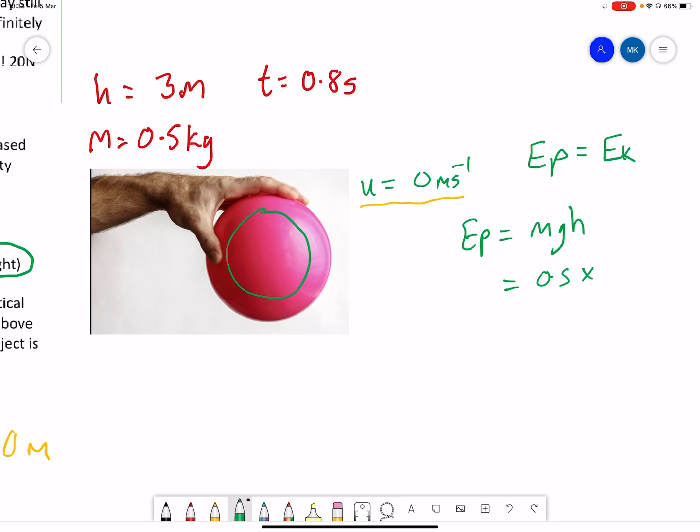Gravity, we're on Earth, let's assume we're on Earth, 9.8, and its height is 3 meters. So 0.5 times 9.8 times 3 meters high, 14.7 joules. That's its potential energy.